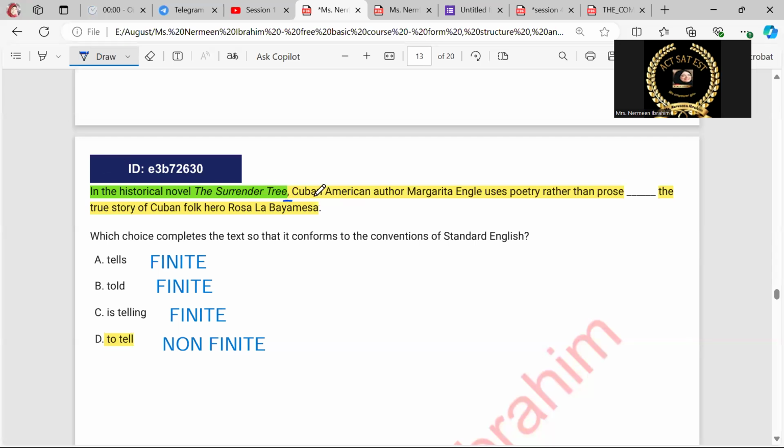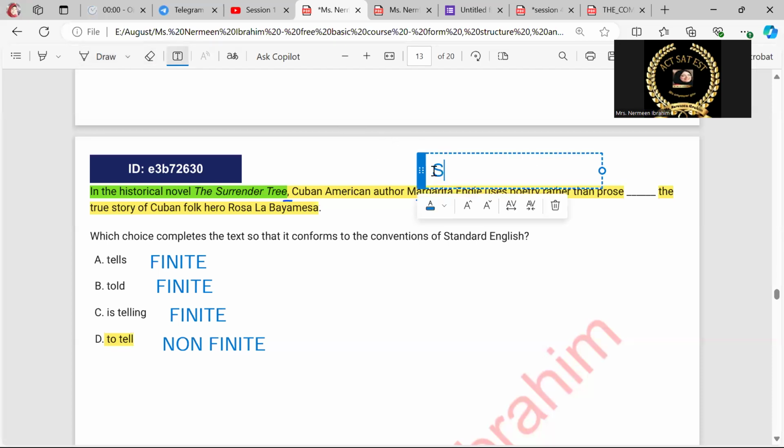Now, after the comma, starts our main independent clause. Where is the subject here? The name of the author. Yes, dear. That's the subject. What is its verb? Uses. Excellent.